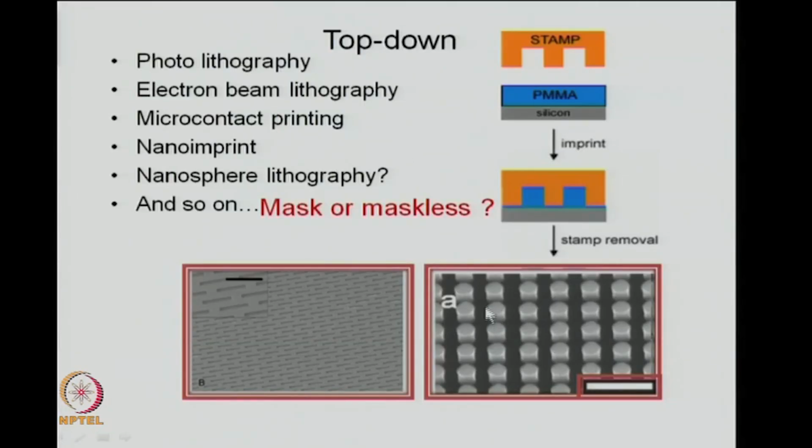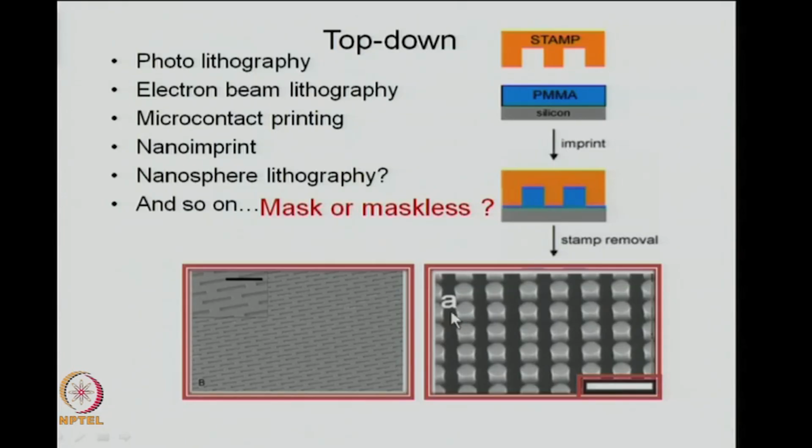You can see these are many structures which have been made by removing the parts around them, using either photolithography or electron beam lithography. And you have used a mask.